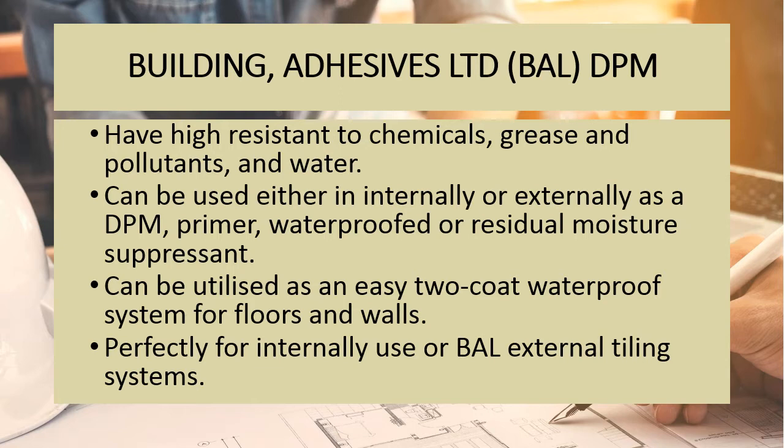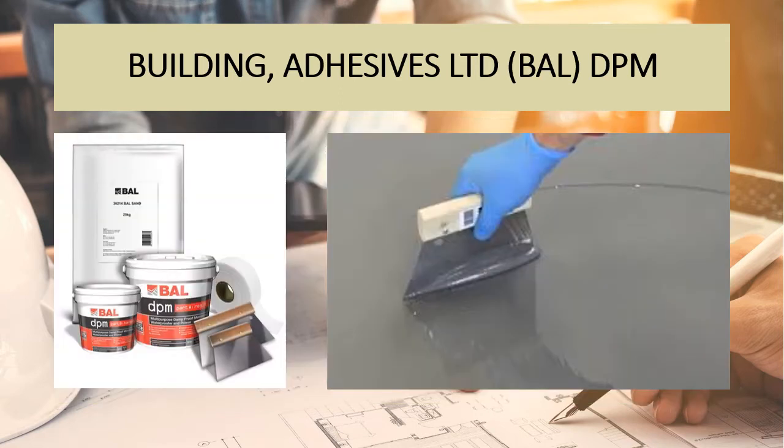It can also be utilized as an easy-to-coat waterproof system for floors and walls. It is perfect for internal use, as a BAL internal sealing system. Lastly, this is the picture of the BAL damp-proof membrane used in the building.